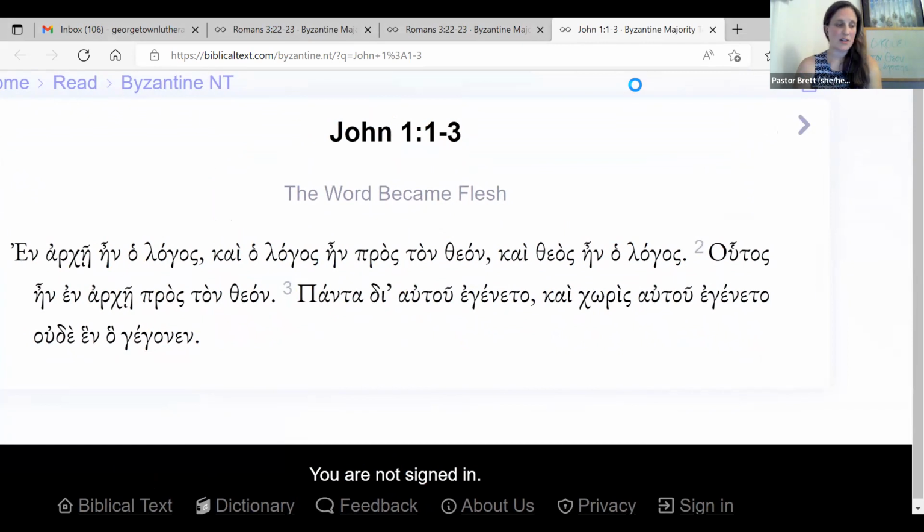The Gospel of John, the fourth gospel in our Bible, is really the easiest in terms of how it's written. Some people say that the Gospel of John is Dick and Jane biblical Greek. It has very simple sentence structure.